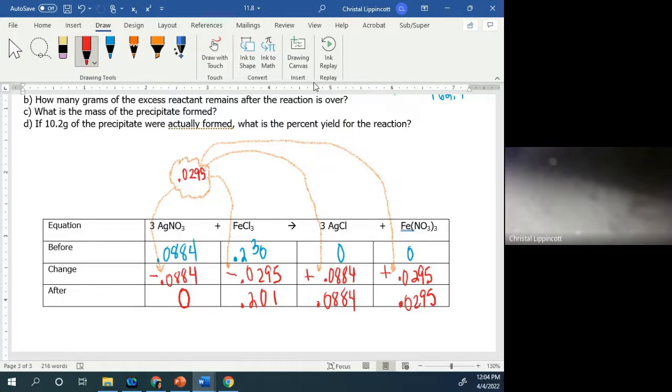All right. Now I'm going to figure out the mass of the precipitate. I will tell you on the test which one of these is the precipitate. So this guy is the precipitate. I'm going to tell you which one is the precipitate by having an S here for solid. They want to know the mass of that precipitate. So how does it tell us to get mass off of here?